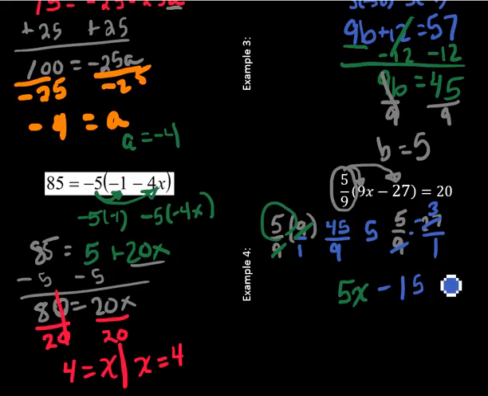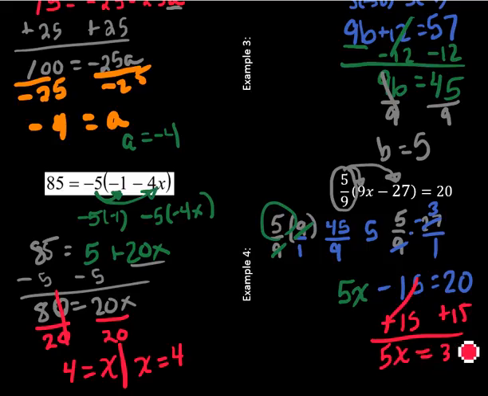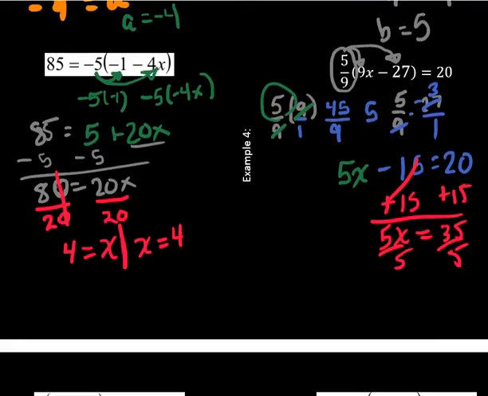And then equals 20. All right, so now it just turns into a basic solve the equation. We add the constant term away, so we add 15. I get 5x equals 35, divide by 5. Okay, and let's make a little more room. And then so we get x equals 7.